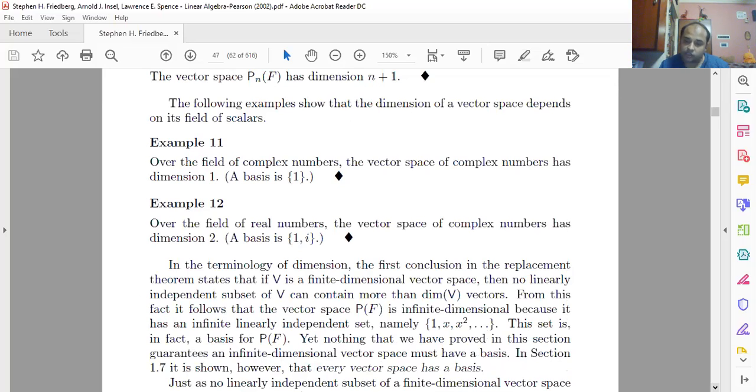So you don't have to show that the vectors are linearly independent at all.